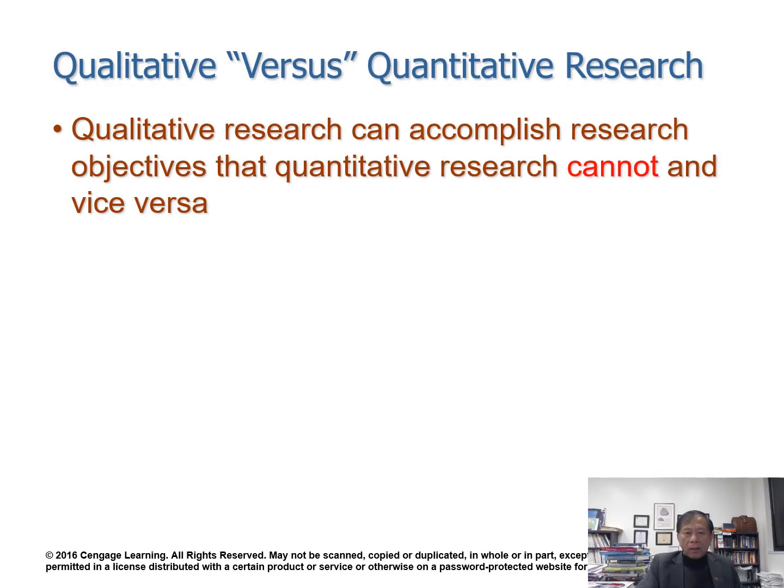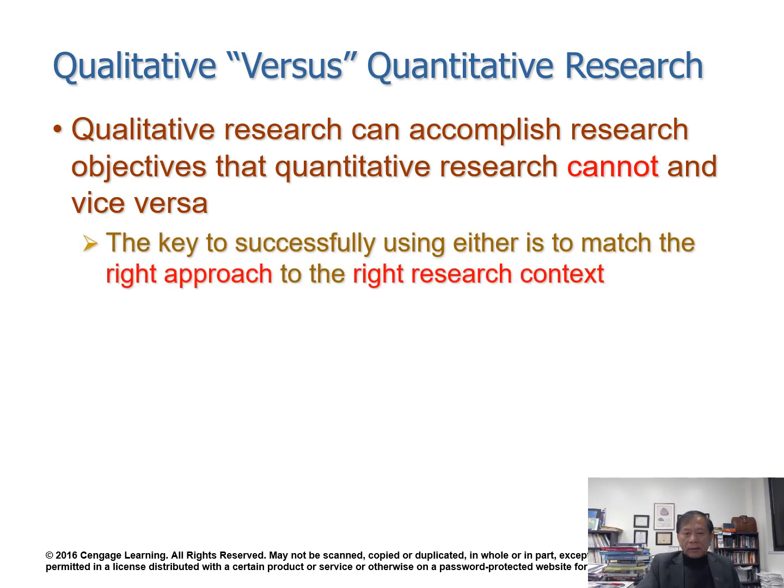What is the relationship between qualitative versus quantitative research? Qualitative research can accomplish research objectives that quantitative research cannot, and vice versa. The key to successfully using either is to match the right approach to the right research context.